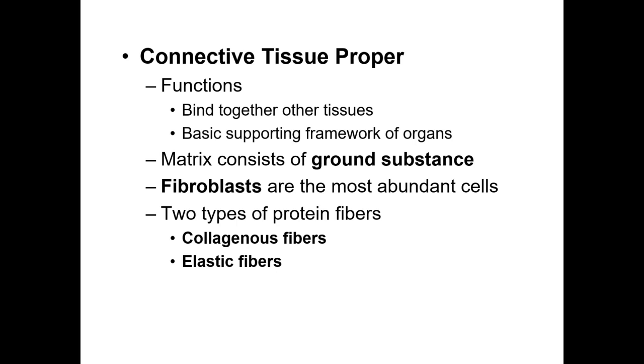The matrix consists of what's called a ground substance. We see fibroblasts, which are the most abundant cells in connective tissue, and we also sometimes see collagen and elastic fibers. These are different fibers that we see in certain kinds of connective tissues.